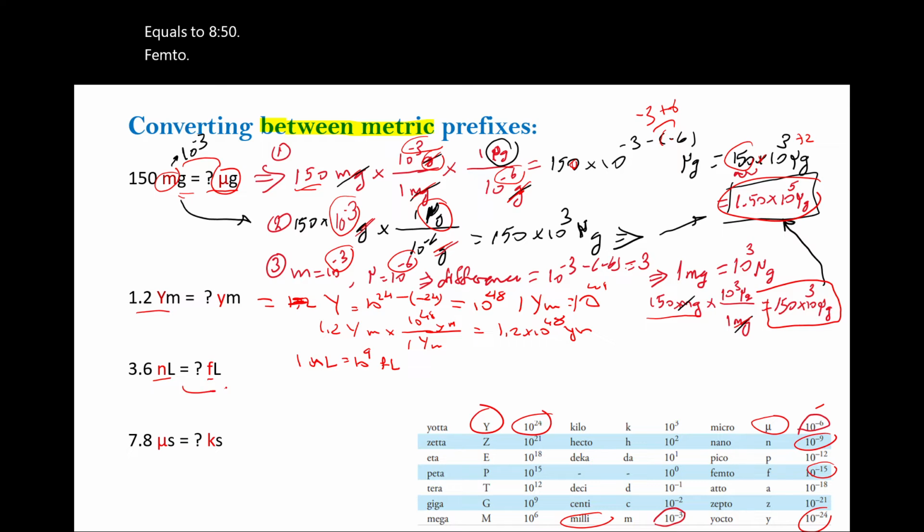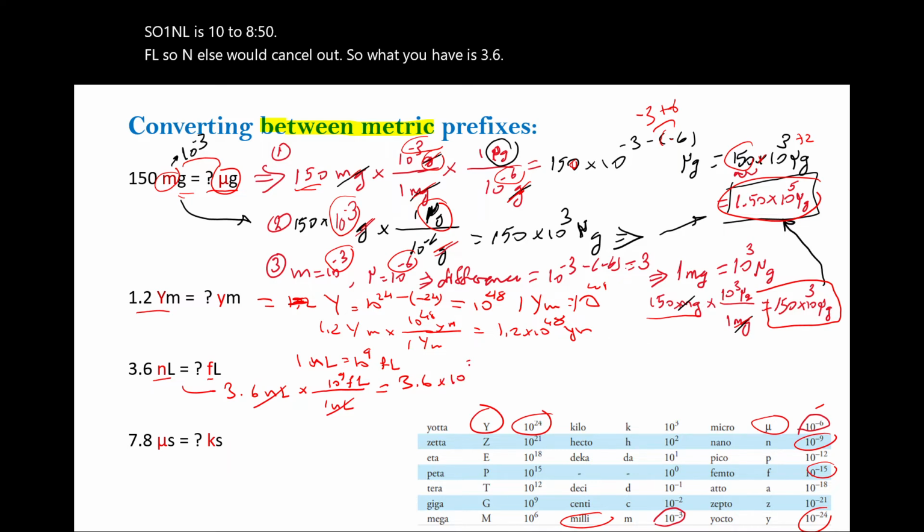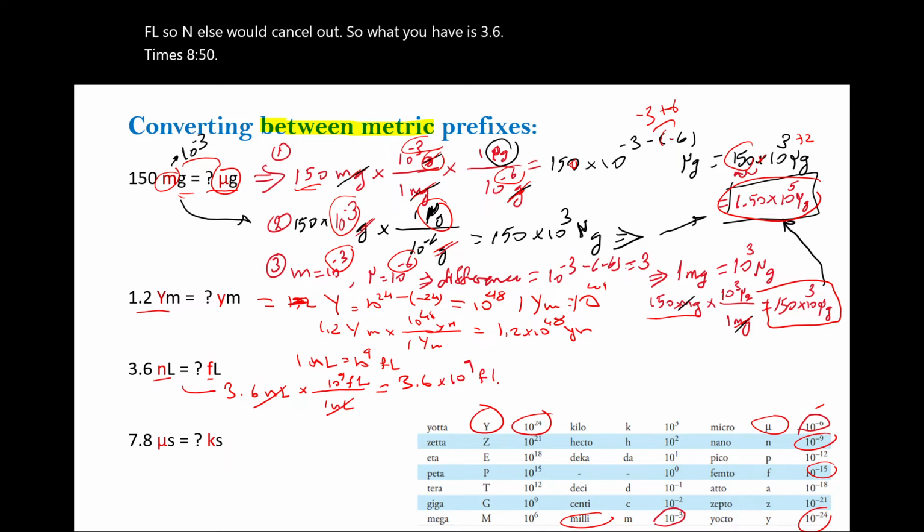So you start with 3.6 NL and use the conversion factor: 1 NL is 10 to 9 FL, so NLs will cancel out, and what you have is 3.6 times 10 to 9 femtoliter. So that is your answer.